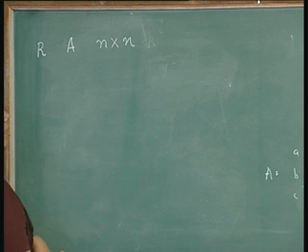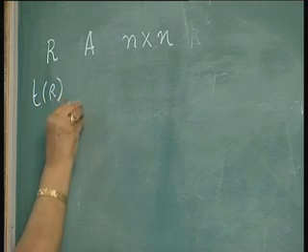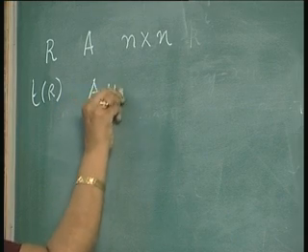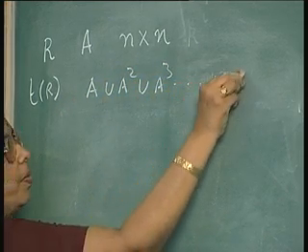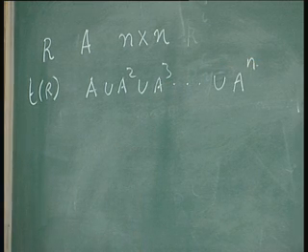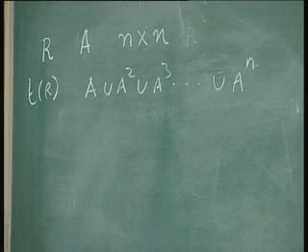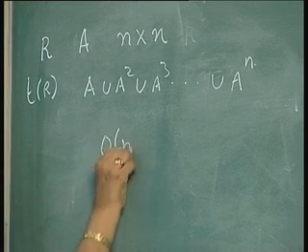Then, to calculate the transitive closure of R, you have to find A squared, A cubed up to A power n. How much time will it take? To multiply two matrices of size n by n, you require order n cubed operations.